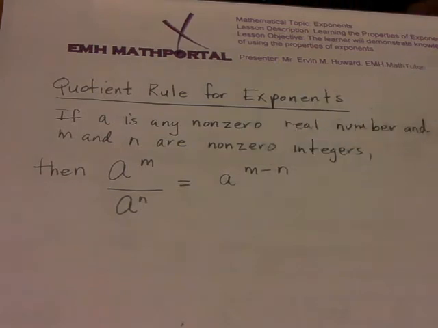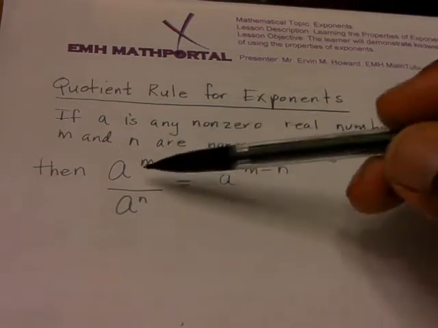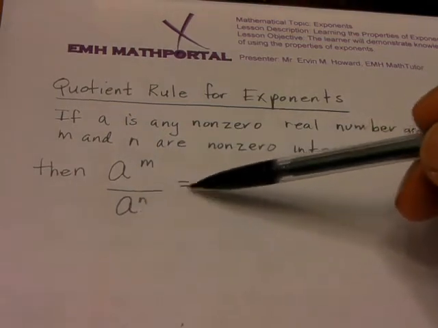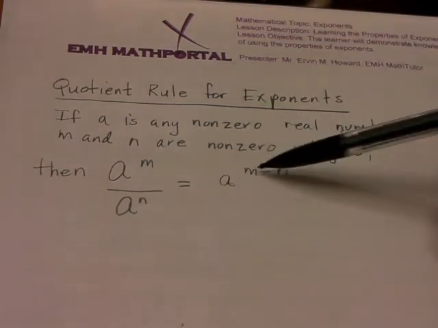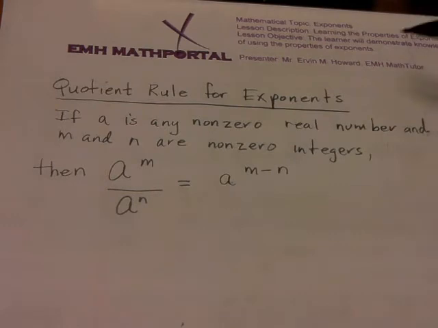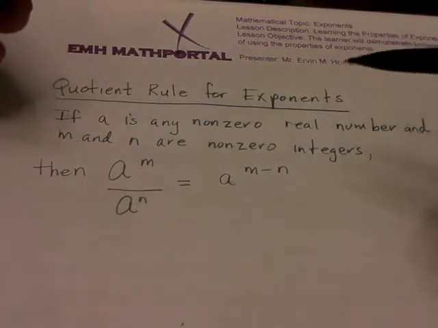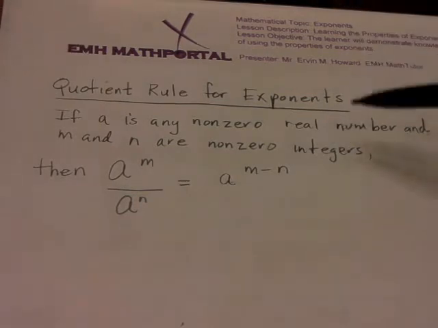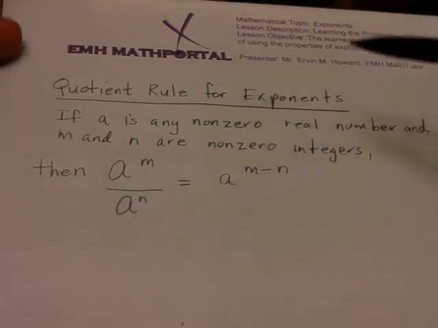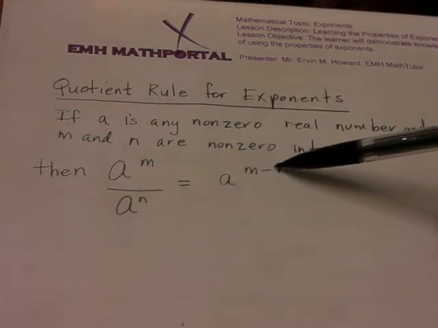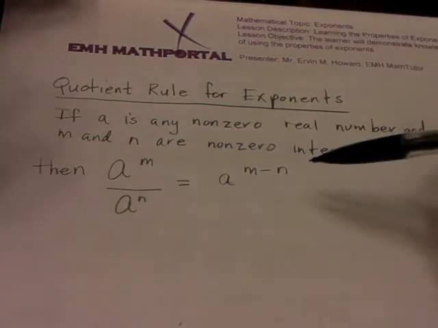Then A raised to the power M divided by A raised to the power N equals A raised to the difference between M and N. So in this case, we're going to subtract the exponents. When we're dealing with the quotient rule, we write it according to the formula A raised to the power M minus N.